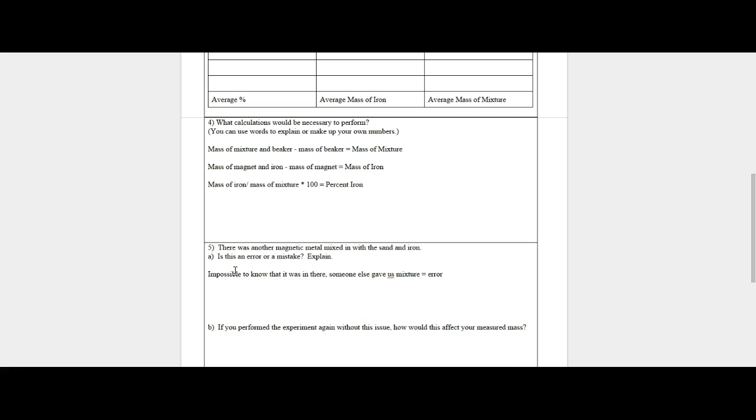If you say that you should have got a new batch, you could have done that. Maybe you can see the other metal, maybe it's a different color, then that would have made a mistake. Either one would have gotten us an okay answer.